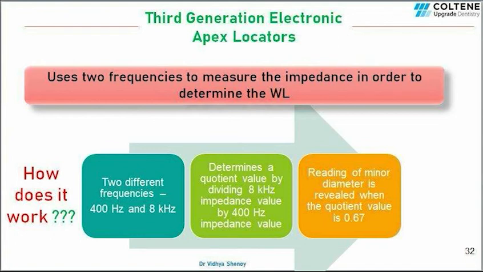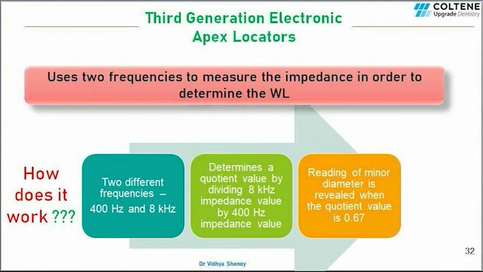Third generation apex locators used two frequencies to measure impedance in order to determine working length. How it worked is, two different frequencies of 400 Hz and 8 kHz were used to simultaneously measure the impedance in the canal. After this, a value known as quotient value was obtained by dividing impedance at 8 kHz by impedance at 400 Hz.